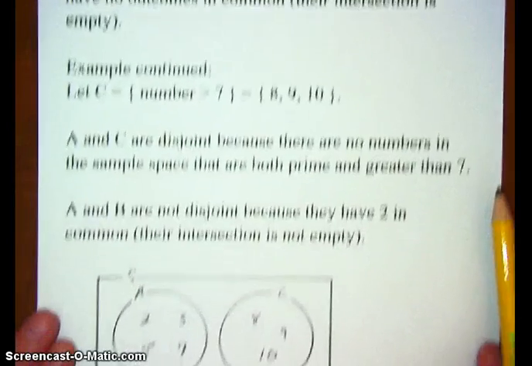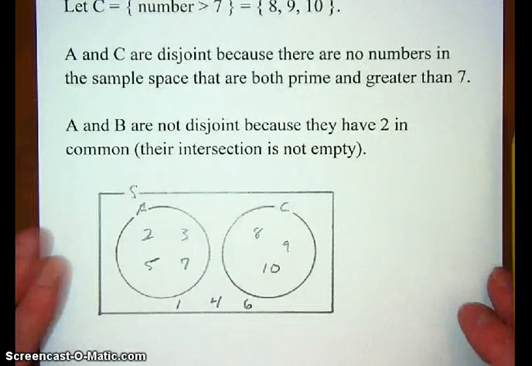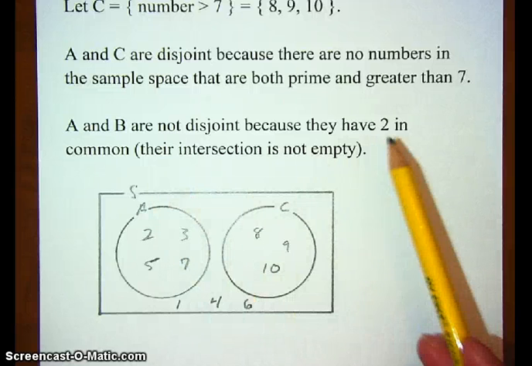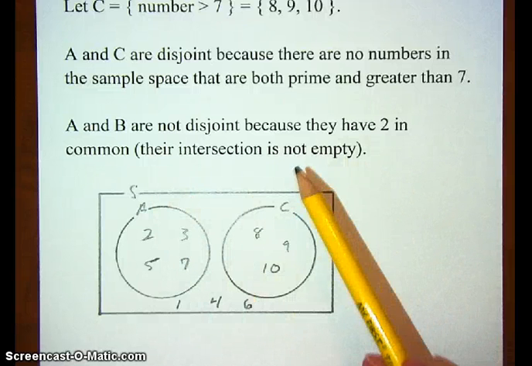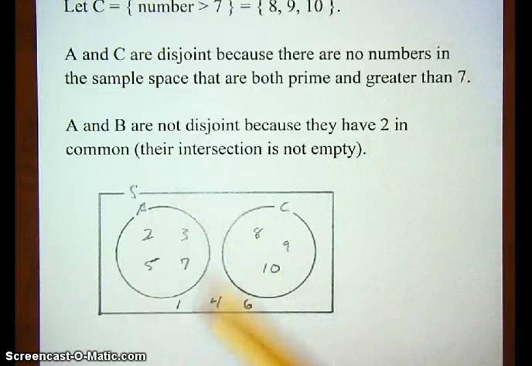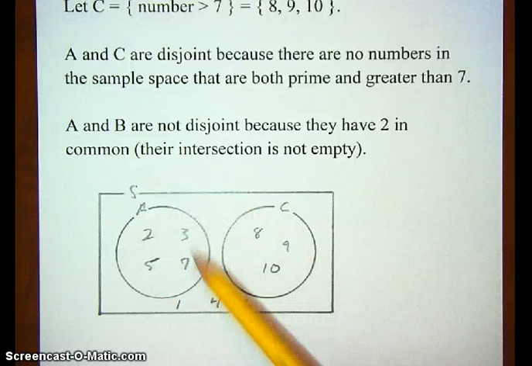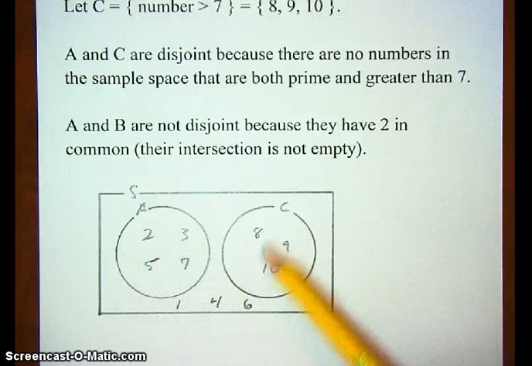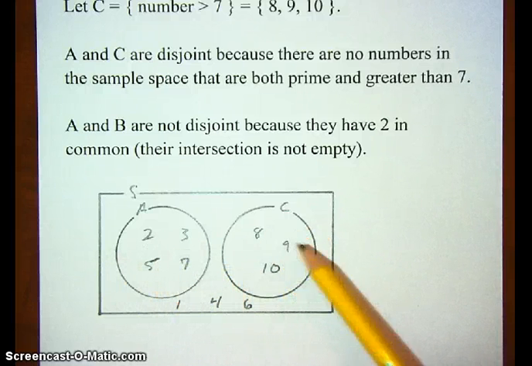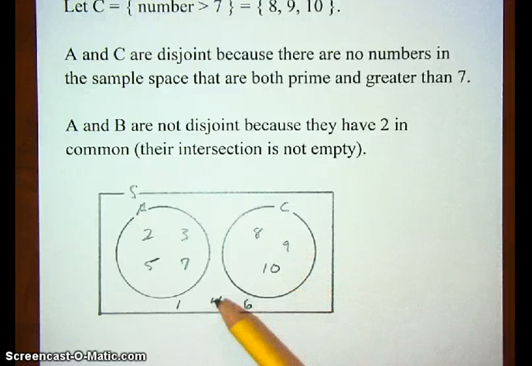If we look back at events A and B from before, those are not disjoint because they had 2 in common, and their intersection was not empty. Here are events A and C inside the sample space rectangle. Event A is this circle which contains 2, 3, 5, and 7. Event C is this circle which contains 8, 9, and 10. And then we have the 3 other values, 1, 4, and 6, which are in neither of those events.